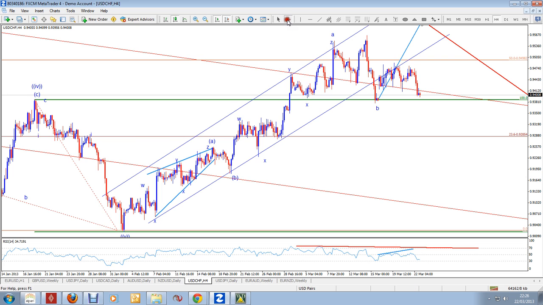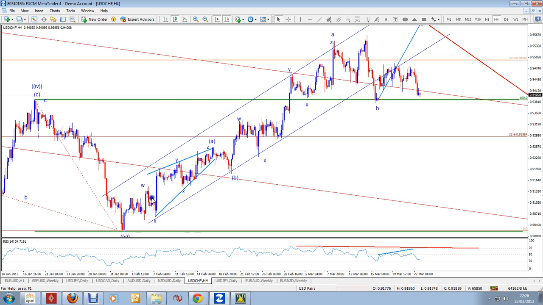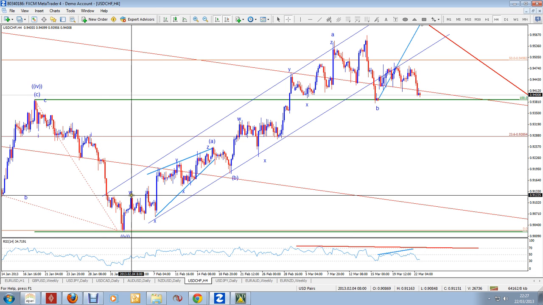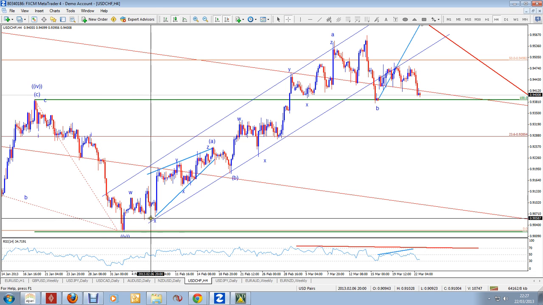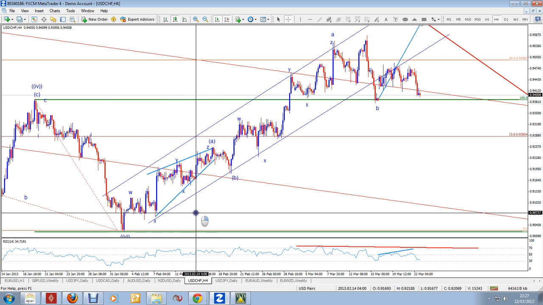So I think what we've got coming up is this as a wave A somehow. So I'm going to put that one as wave A there, or wave W, then we've got ABC as the wave X, then we've got this ending diagonal.